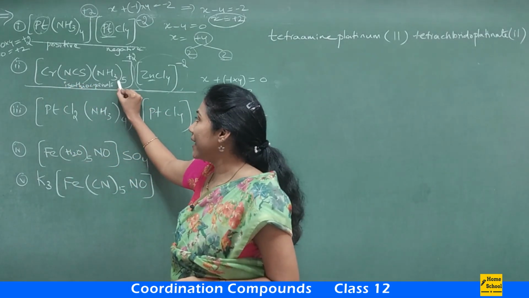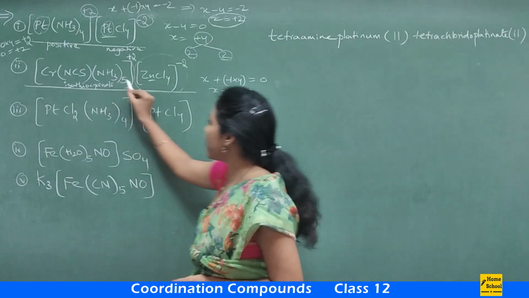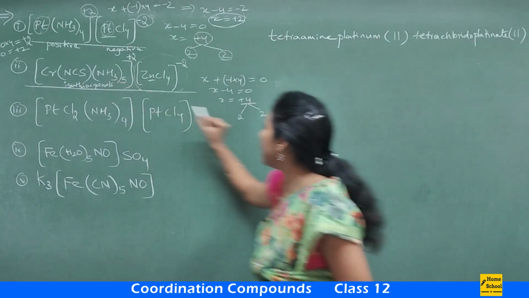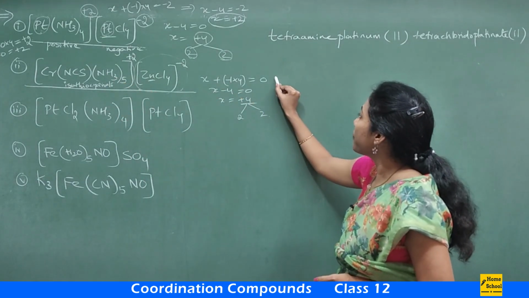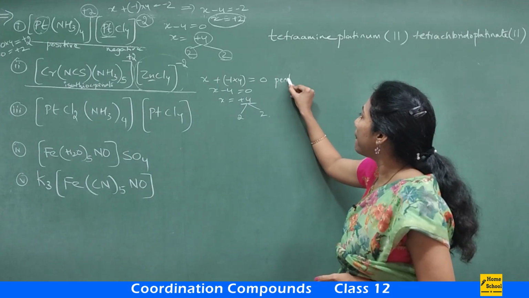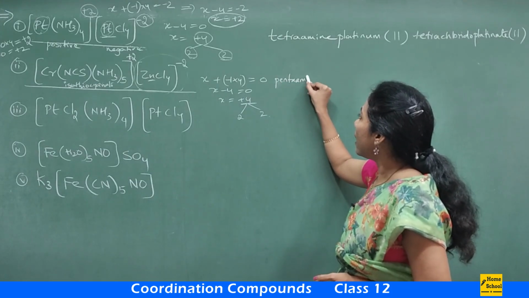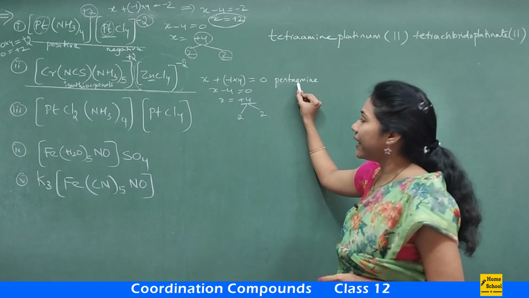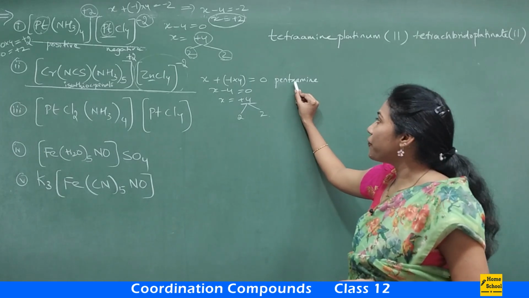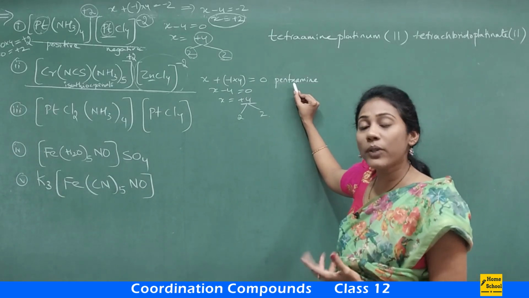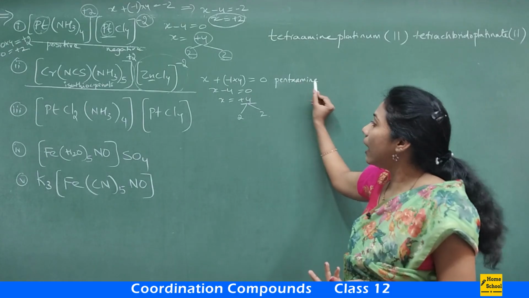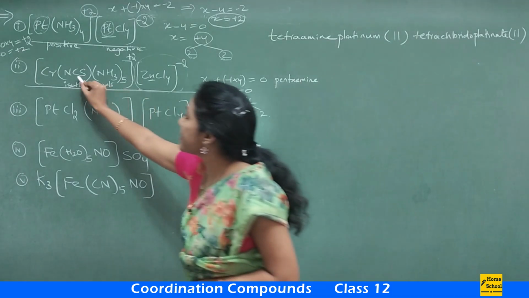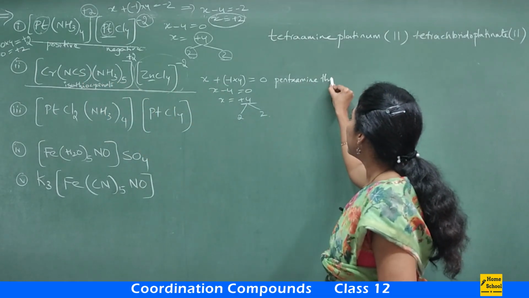And this is amine. Alphabetically A comes first, so first I will mention amine. 5 are there, so I will use the prefix pentaamine. Look over here, 2 times A I am writing. Most will write a single A, but you have to mention 2 A's: pentaamine. And this is thiocyanato.